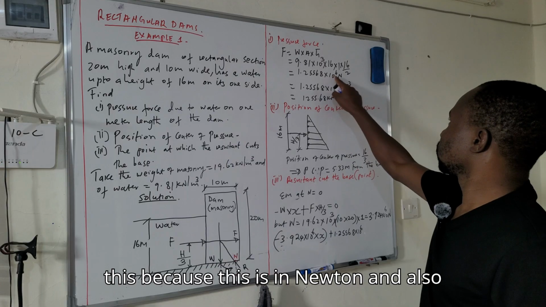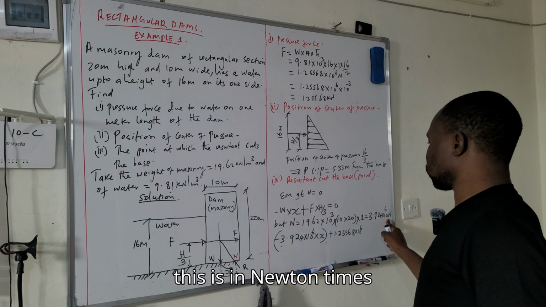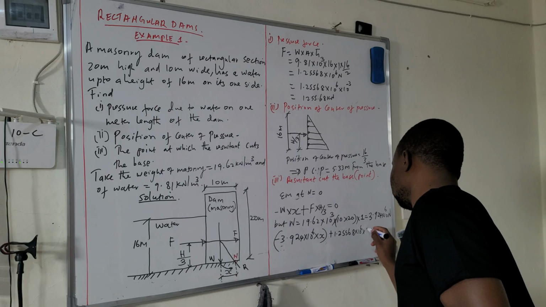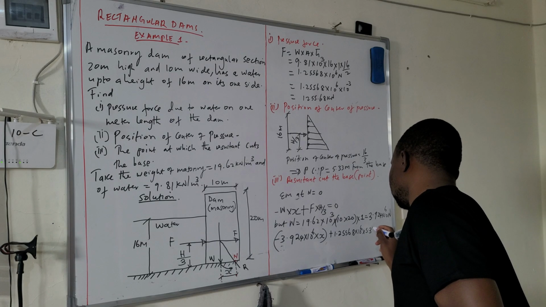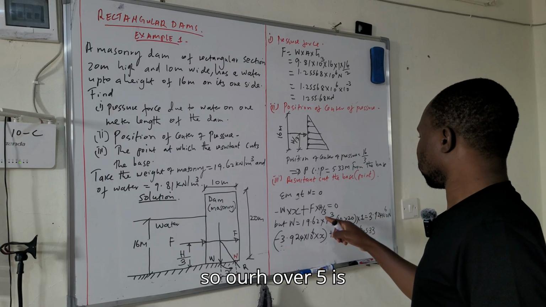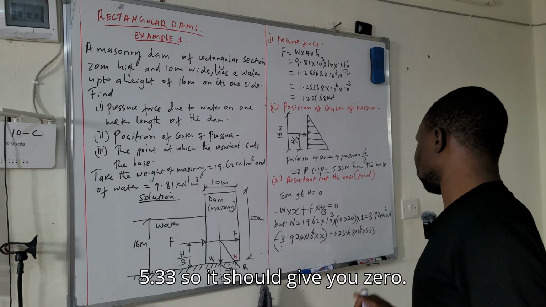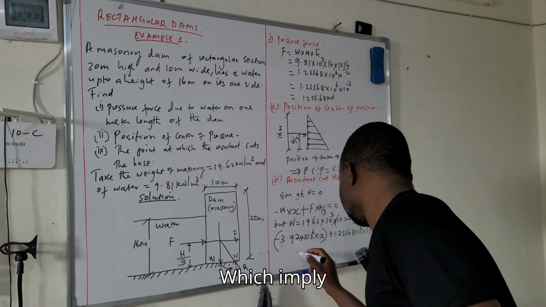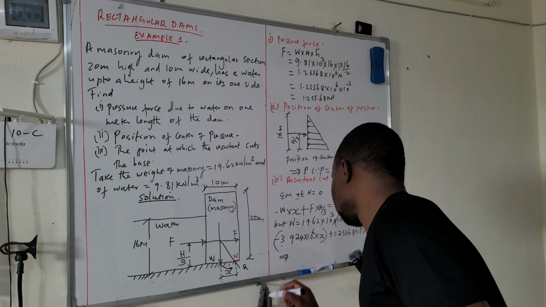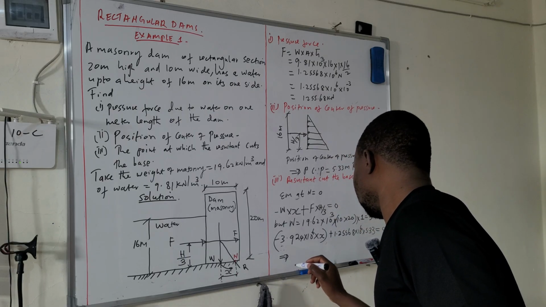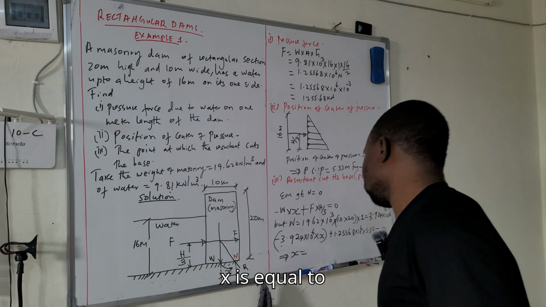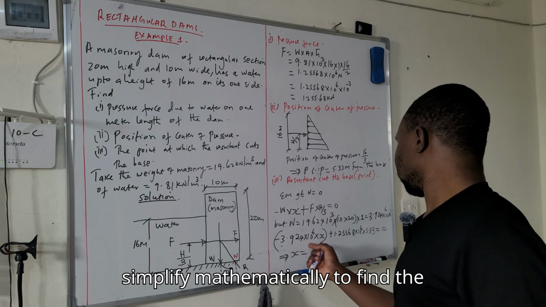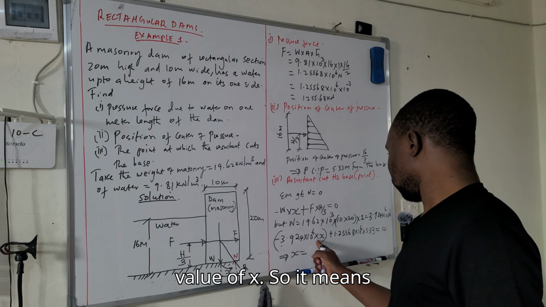I'm using this because this is in Newton, and also this is in Newton, times h over 3, which is 5.33, equals 0, which implies x is equal to, you will simplify mathematically to find the value of x.